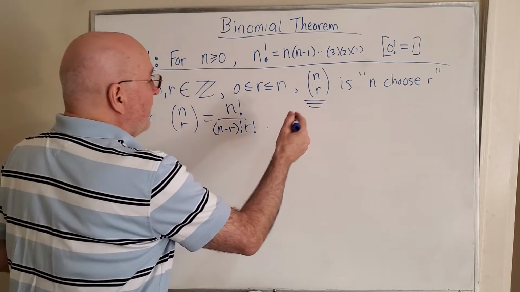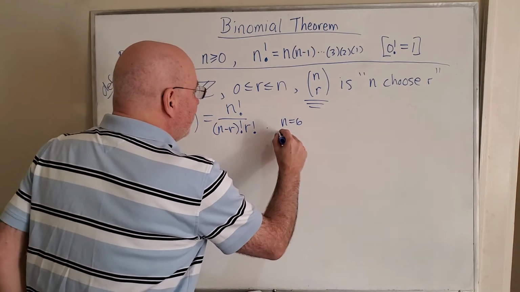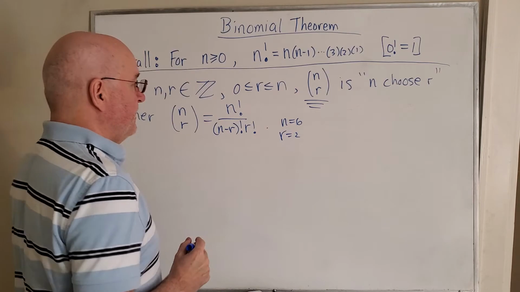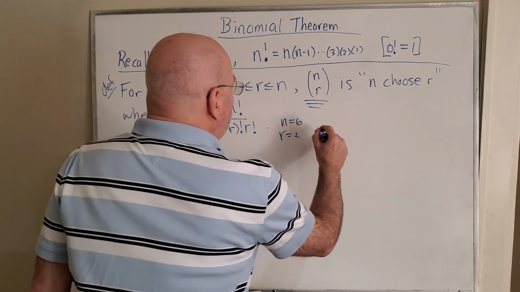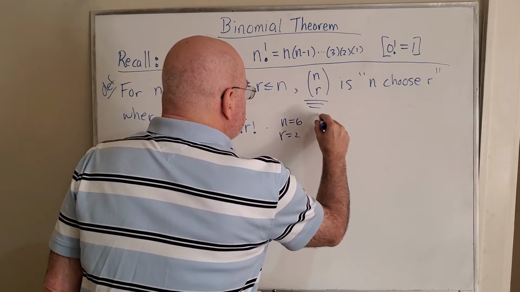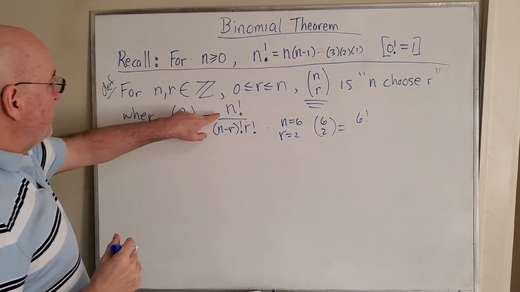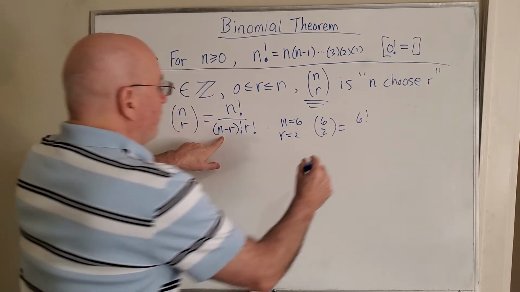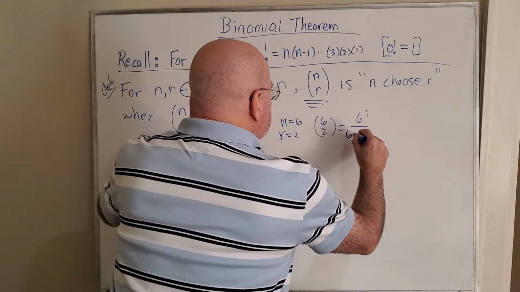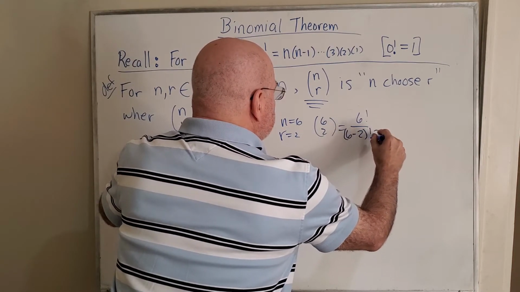And for our other case, n was 6 and r was 2. So how many ways can you choose two things out of a group of 6? Well, the formula says that 6 choose 2 is 6 factorial over 6 minus 2 factorial times 2 factorial.